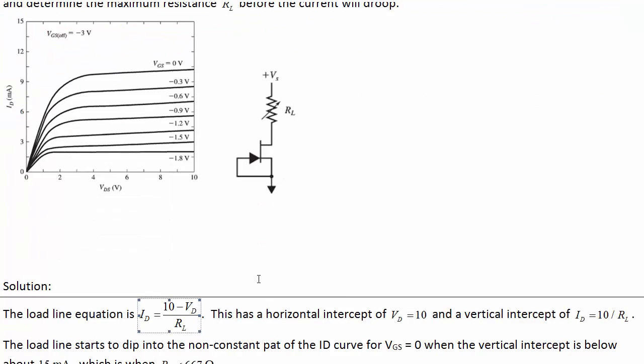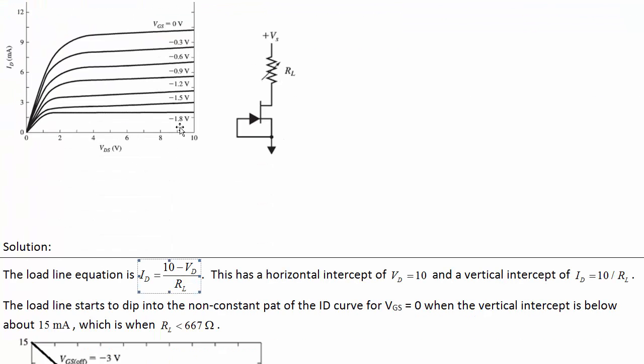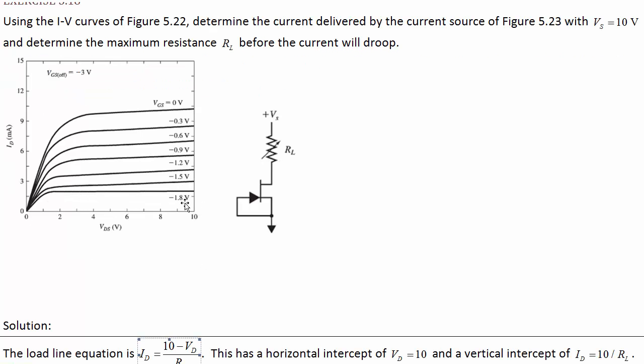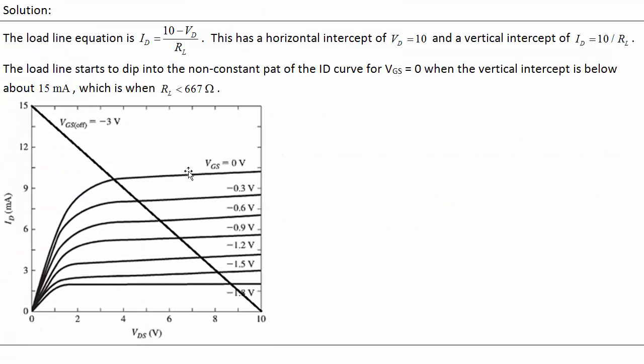Since the bottom intercept of the load line is at 10 volts, we can draw some lines and see, if we go from 10 to 15 diagonal here, that's when we're just on the cusp of going into that linear region where it's not going to be a constant current source anymore.